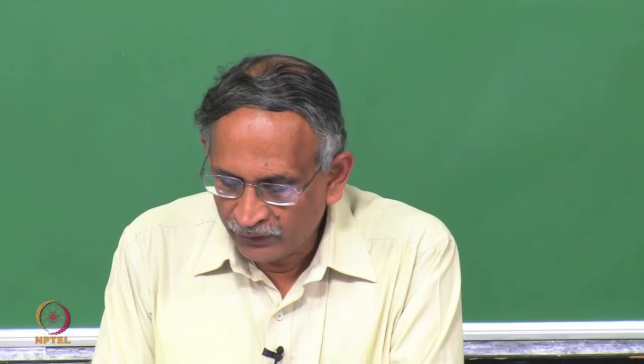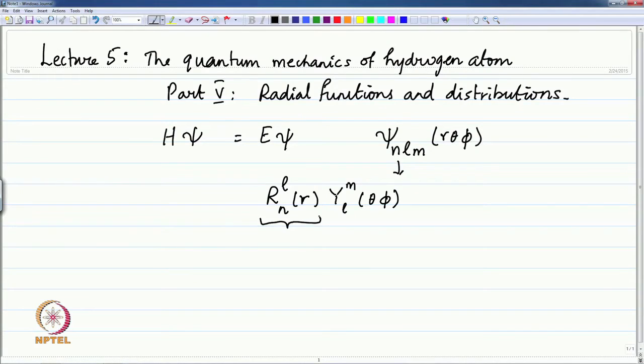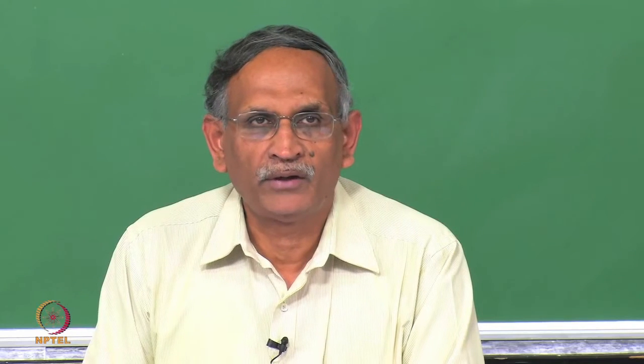The radial function R n l of r and the radial distribution that we will consider in this lecture, namely R n l of r squared, or the probability distribution, the wave function component and the probability distribution for the radial part.